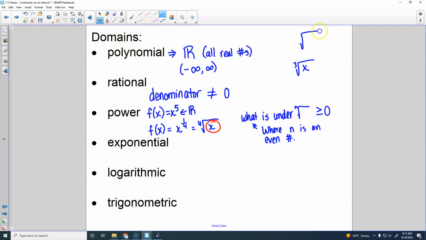The cube root of -8 equals -2. You can take the cube root of negative numbers there, because -2 to the 3rd would give you -8. So we can take the cube root of negative numbers, or 5th roots, or 7th roots, or so on.